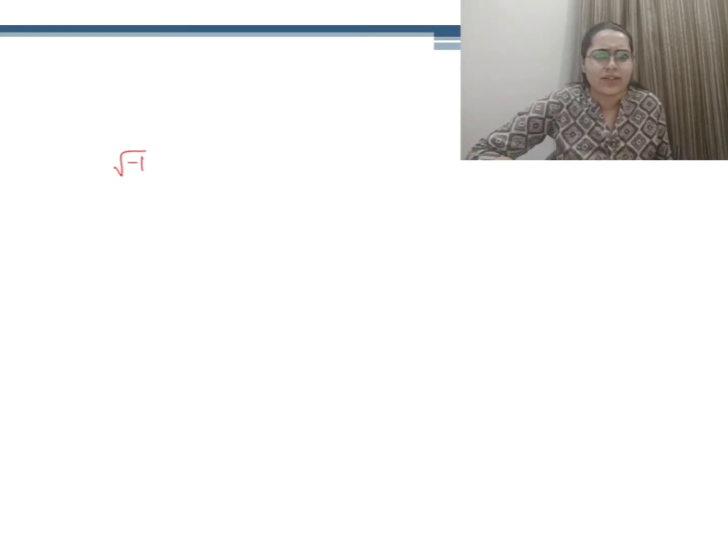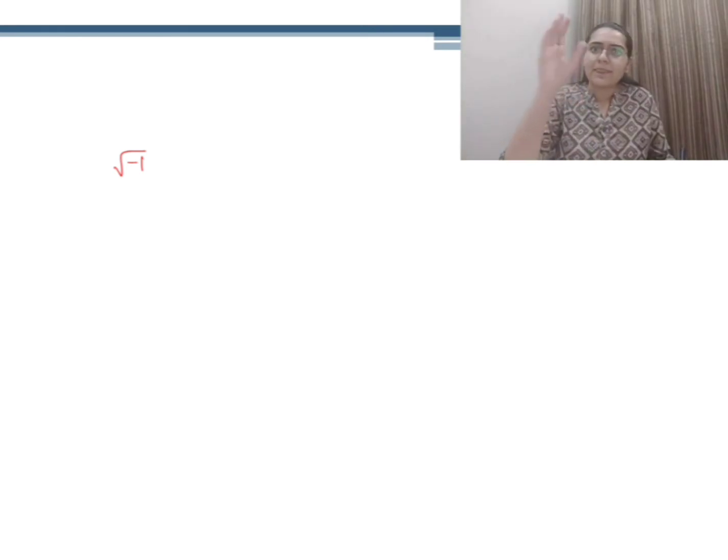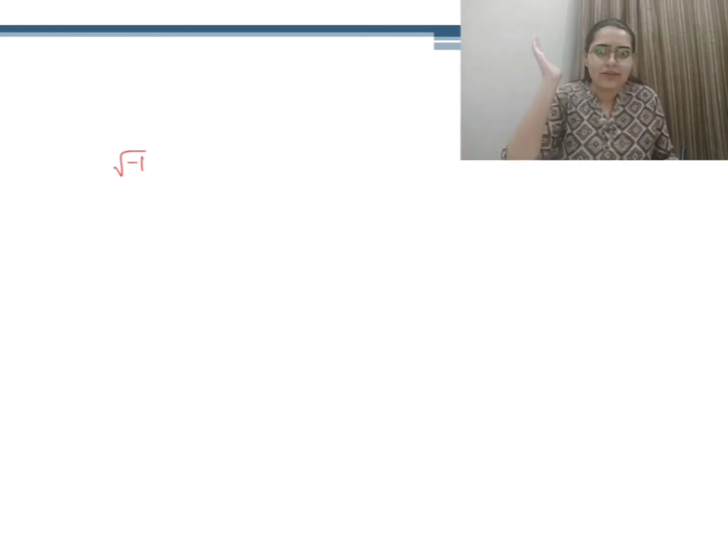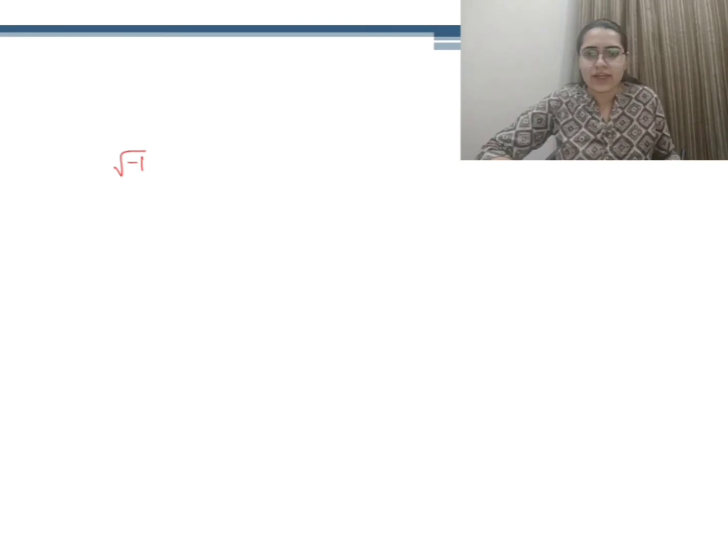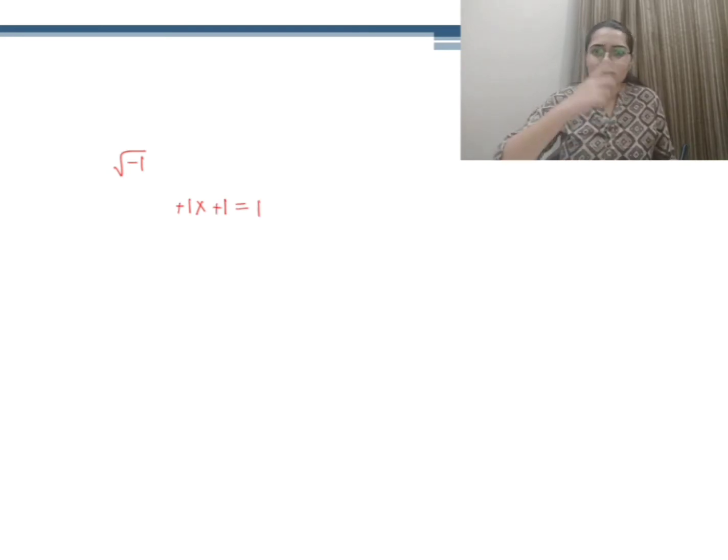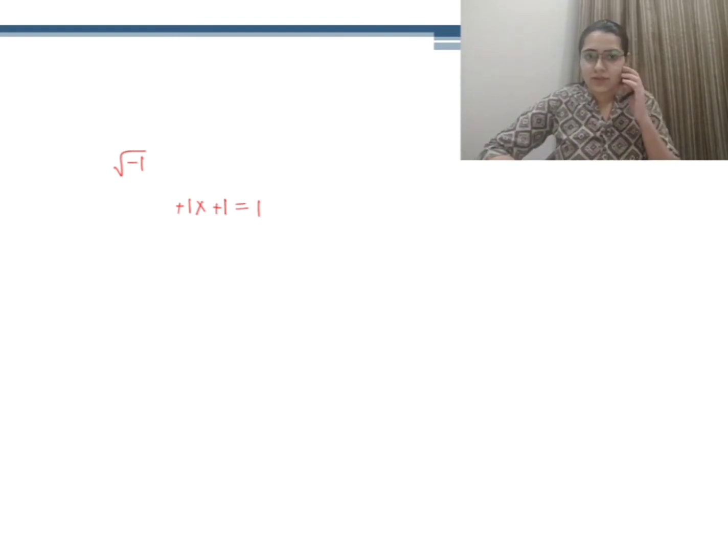Think of a number that is multiplied by itself and gives us -1. Okay, let's try -1. -1 multiplied by -1, these negatives get cancelled, we get 1. So -1 is not square root of -1. So what could it be?